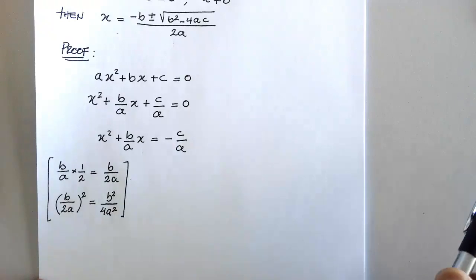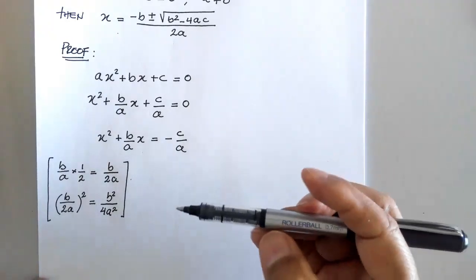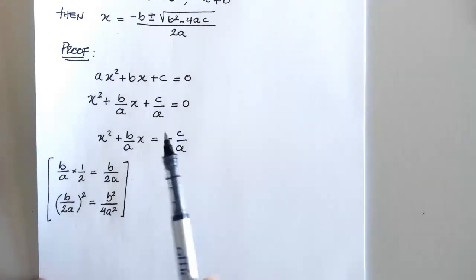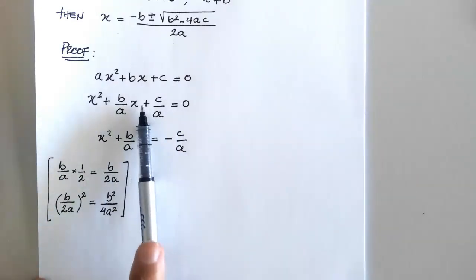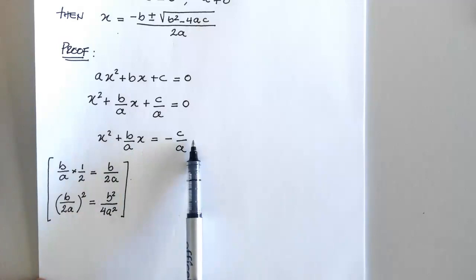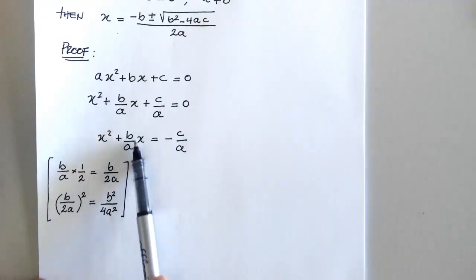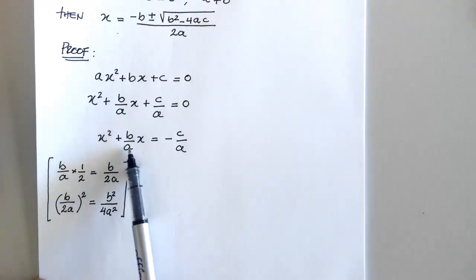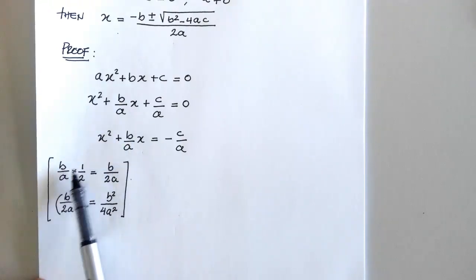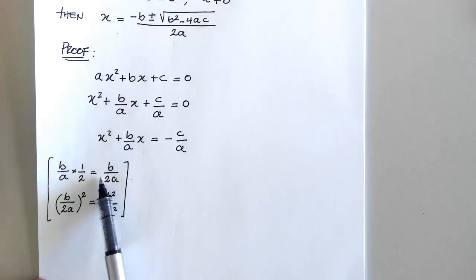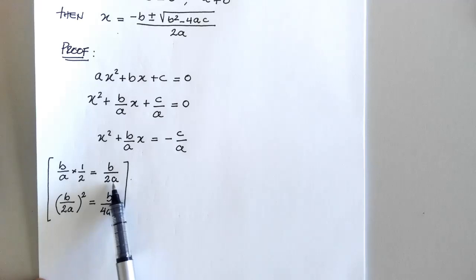Let's recap and see what we did. When completing the square, the first thing we have to do is move this over to the other side. Then we divide this by 2, which is equivalent to multiplying it by a half, and the answer is b over 2a.